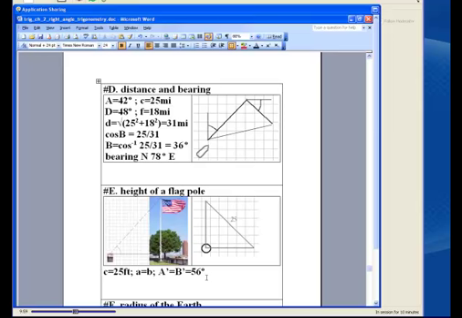If the two people are the same distance from the pole and 25 feet from each other, find the height of the pole if the angle of elevation from the ground to the top of the pole at each person's position is 56 degrees.